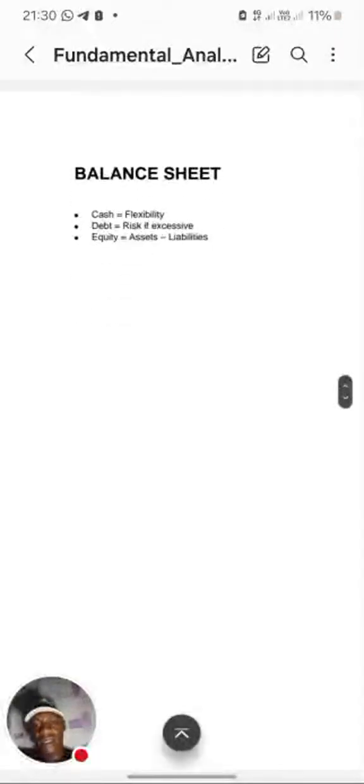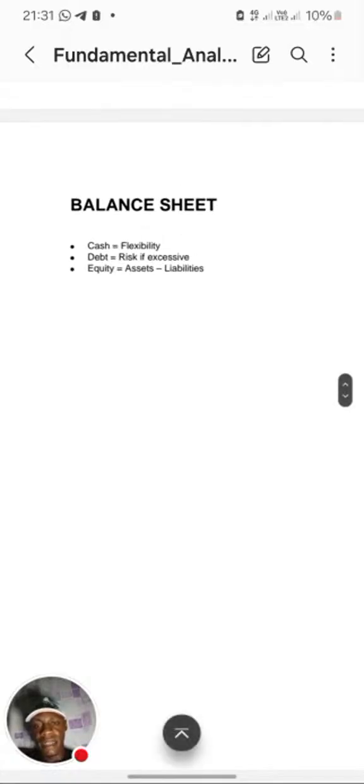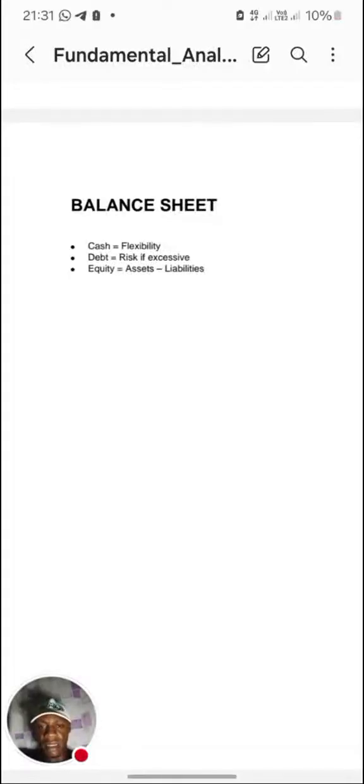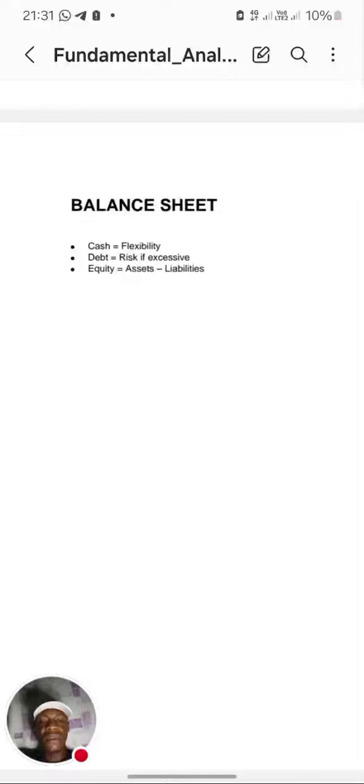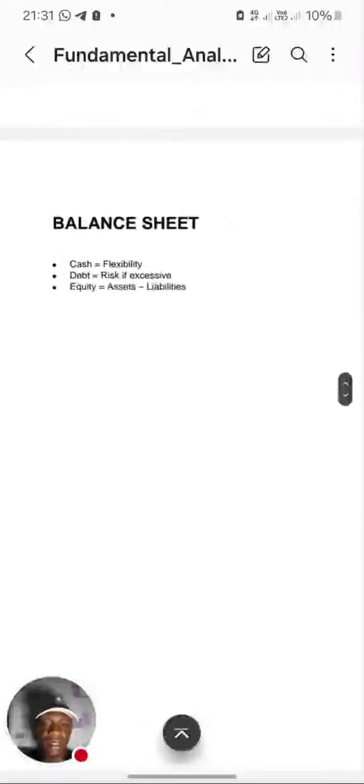Now, if a company's balance sheet has a whole lot of assets and maybe minimal debt, the company, if it does not have cash flow, might still be in problem. So it's not enough for you to say that the company has plenty of assets and then you just jump in.